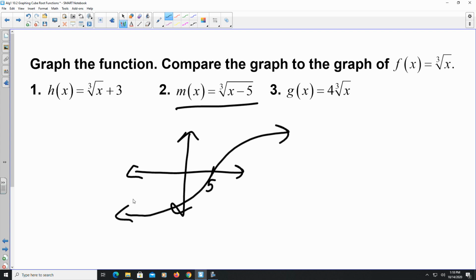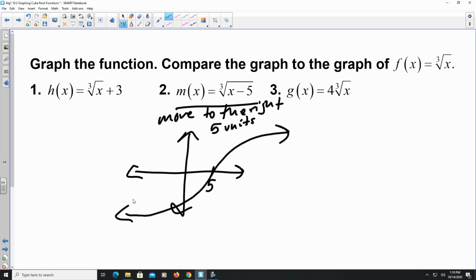So my domain and range would still be all real numbers. The comparison with our parent cube root function is that it would just move to the right 5 units because h was 5.